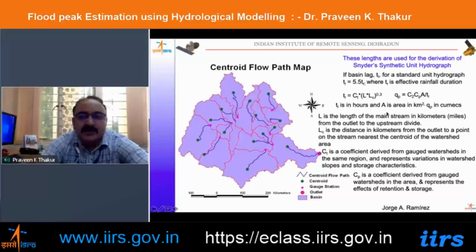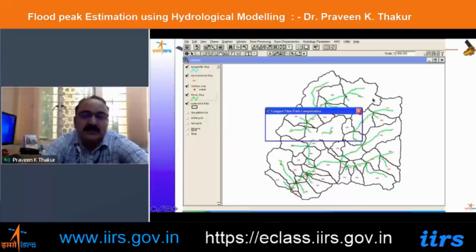But in both cases, we have to use the Lc and L components, one representing the longest flow path length, the other representing the distance in kilometers from the outlet to the centroid. So this information is directly used for our unit hydrograph generation.